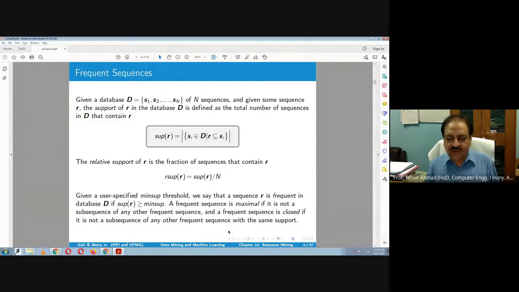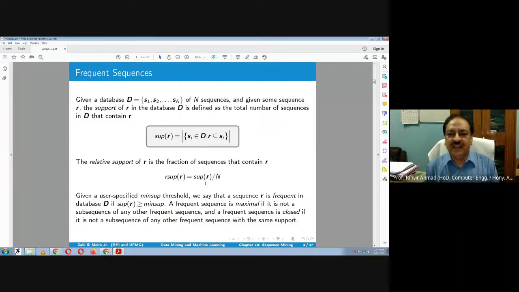That means if I want to find the support of some sequence, all the sequences must be a part of D, and R must be a subset of Si. That means R, which is the subsequence we are going to find, should be a part of Si, where Si ranges over S1 to Sn.